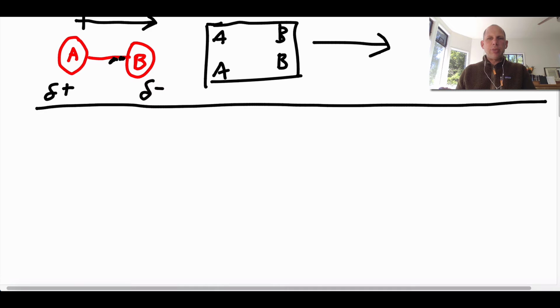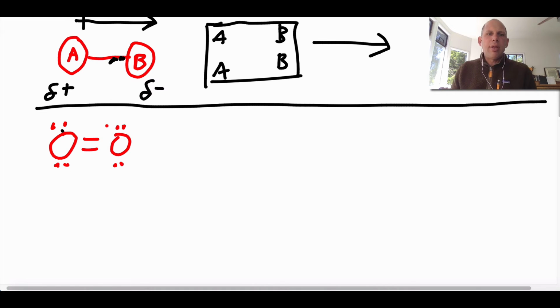So this is the two molecule mode. Let's say we had a Lewis structure that was oxygen, O double bond O. In this case, there is no dipole arrow because no one pulls harder.